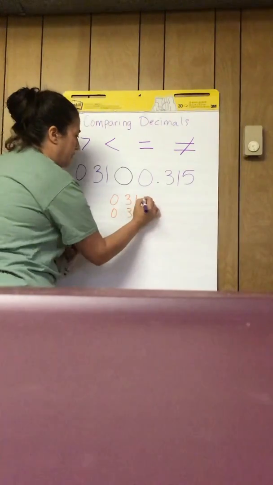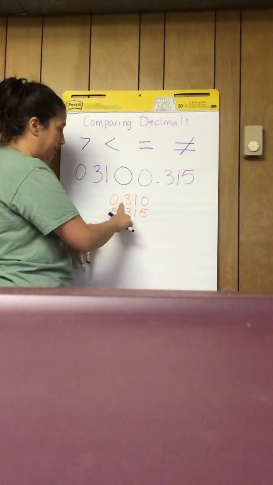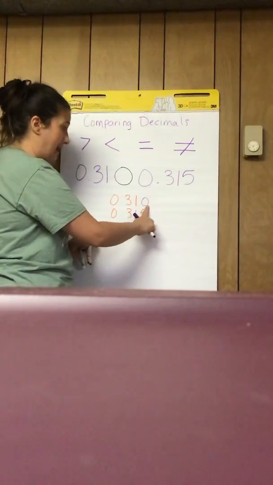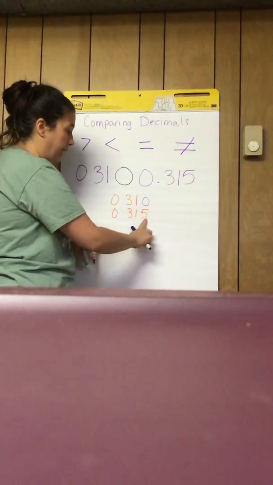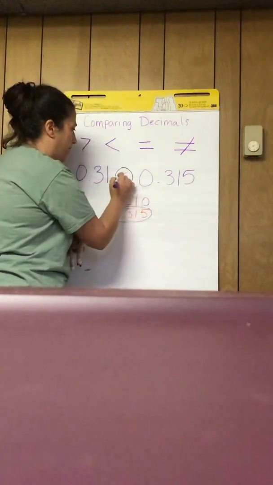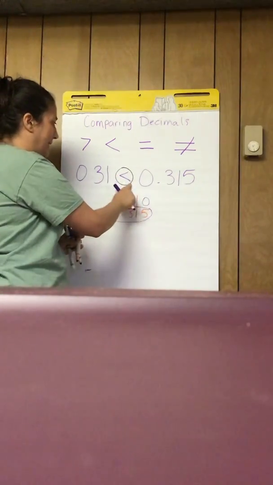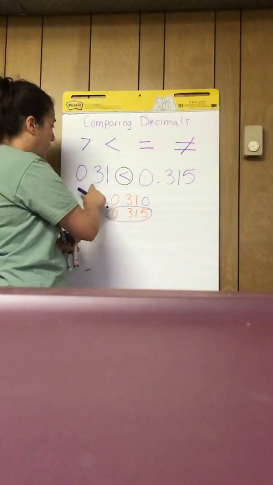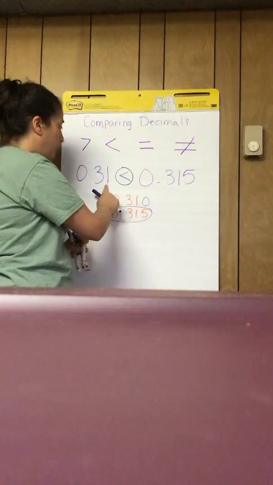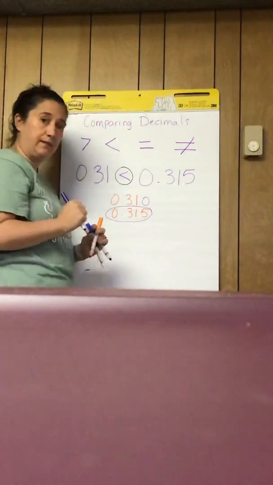If you add your magic zero here, now they have the same number of digits, and you can see that 310 thousandths and 315 thousandths, 315 is greater. So 31 hundredths is less than 315 thousandths.